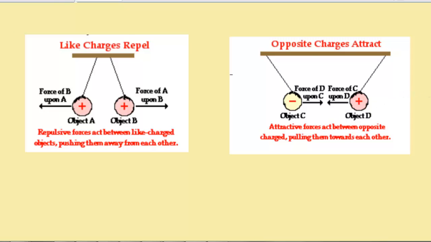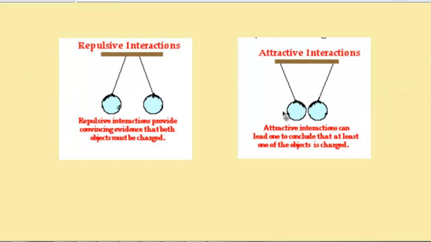But as is always the case, it's not quite that simple. If you look at these balloons and you think, well, I don't know what the charge is, what can we know about them? Well, if we look at this, repulsive interactions provide convincing evidence that both objects must be charged. So if one of those has a positive charge, the other one must have a negative charge.